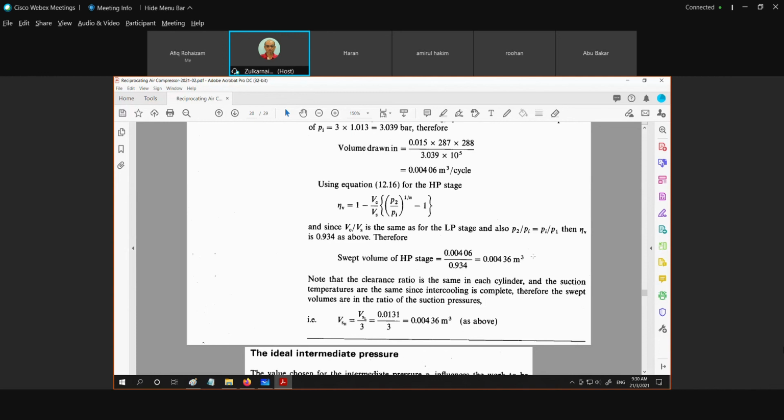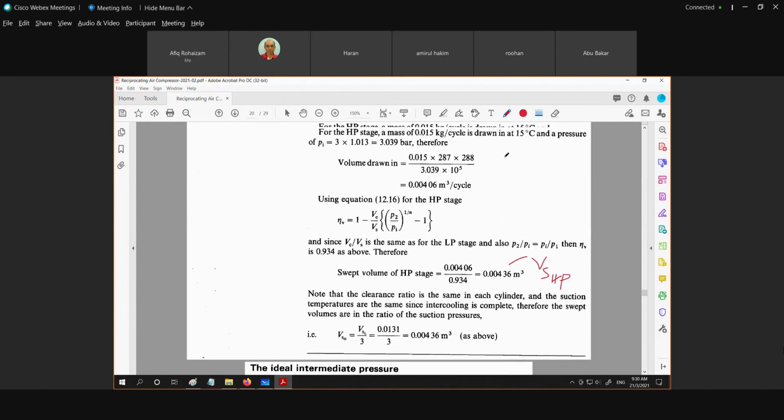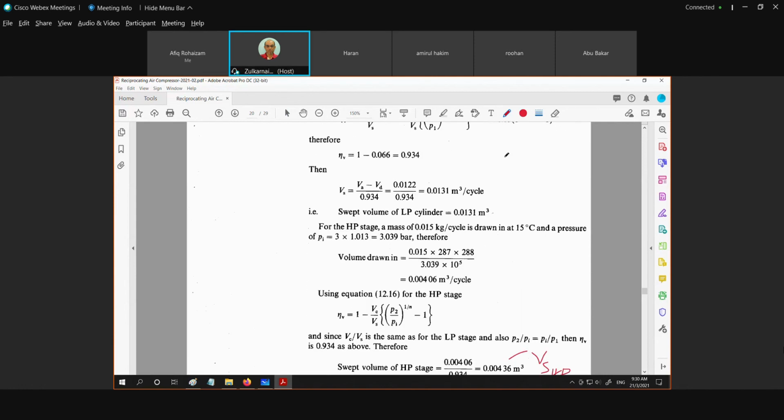Okay, ini kita punya VSHP, and then kita punya VSLP, ini kita punya VSLP, and then volumetric efficiency tadi kita akan dapat, kalau kita lihat di sini based on this value, ini kita punya volumetric efficiency. Okay.